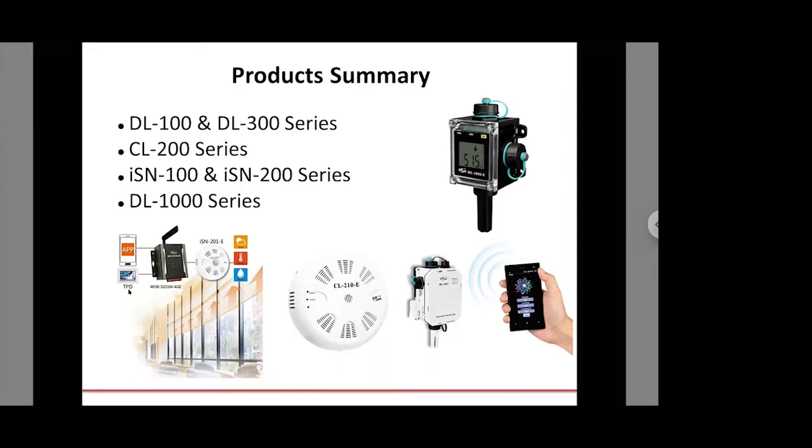The 200, as you see below, is the illuminance, temperature, and humidity sensor. And then, of course, we talked about our DL1000 series at some length, which I like to think of as the Cadillac of the DL series, providing the biggest combination of sensors and communication methods, all in a durable housing.